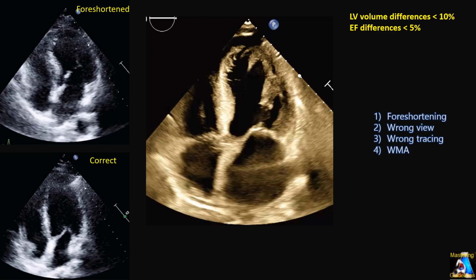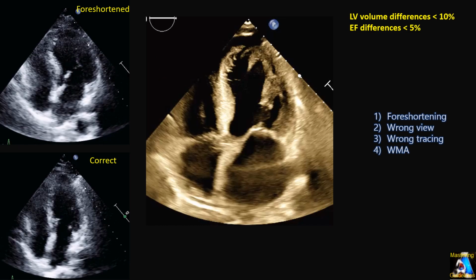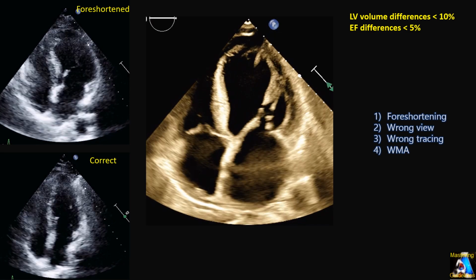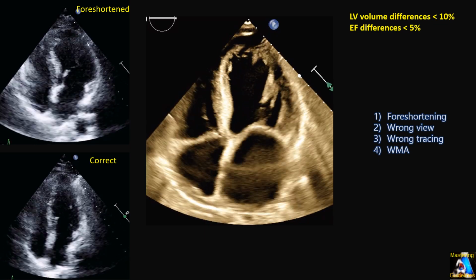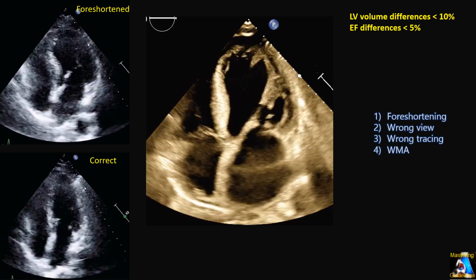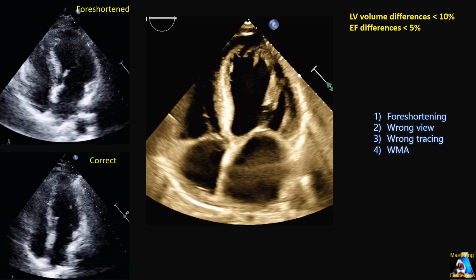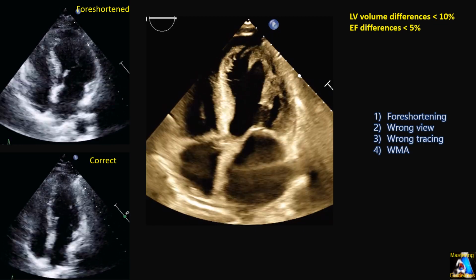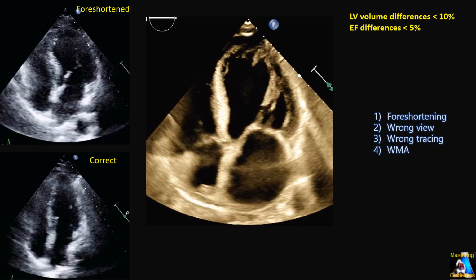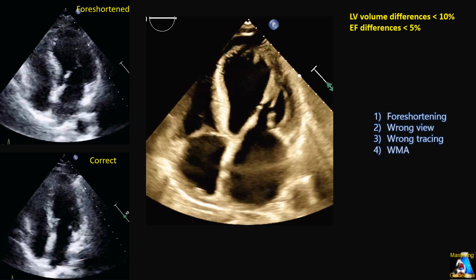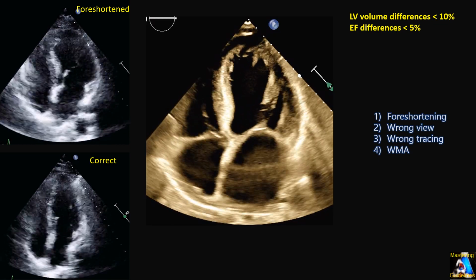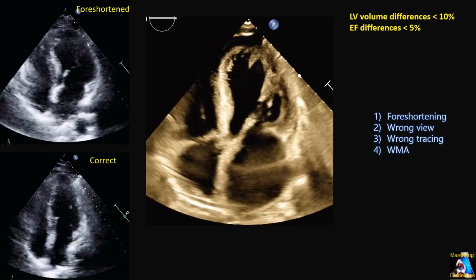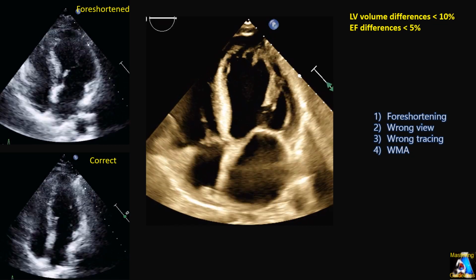As a general rule, a difference in left ventricle volume between apical 4 and 2 of less than 10% is acceptable. For example, if left ventricle volume in apical 4 was 100 milliliters and in apical 2 was 96, that is even less than 5%, so that is acceptable. For ejection fraction, the difference should be less than 5%.